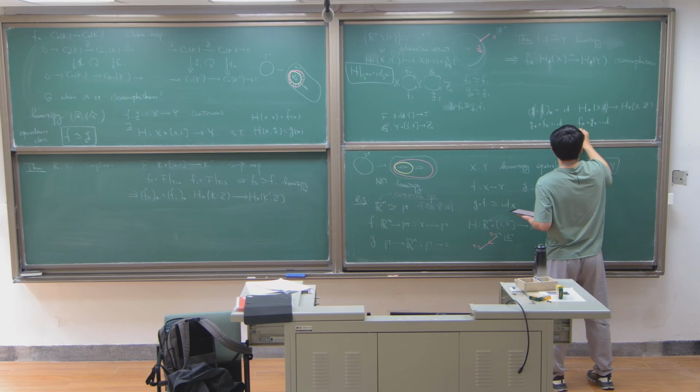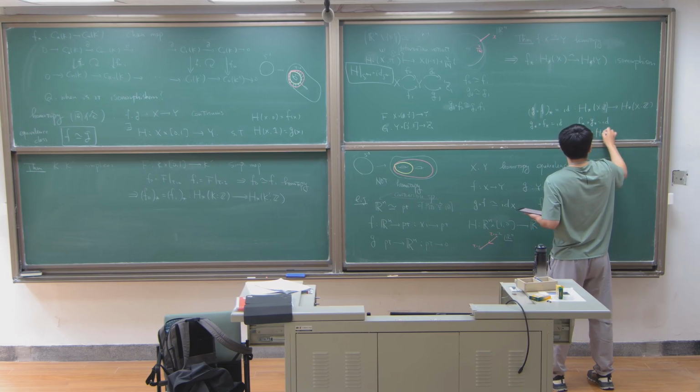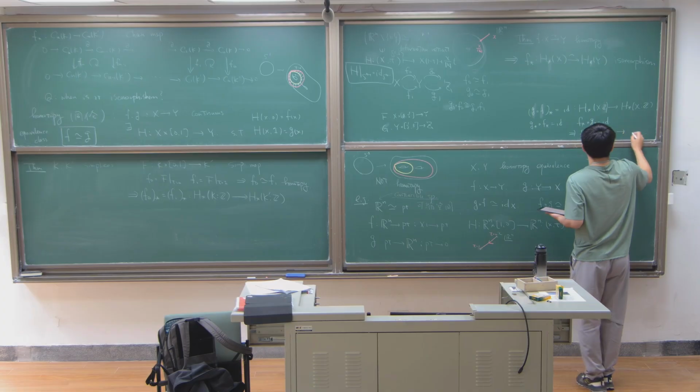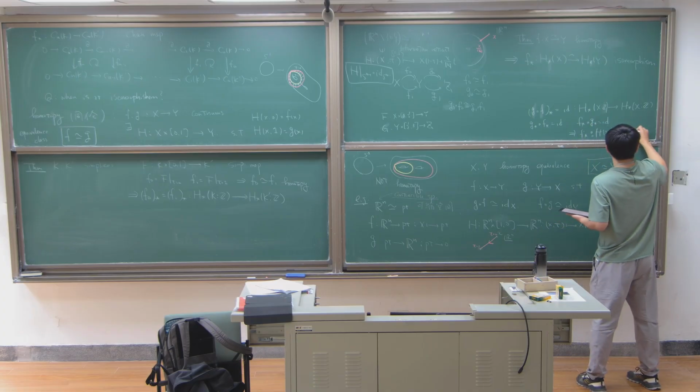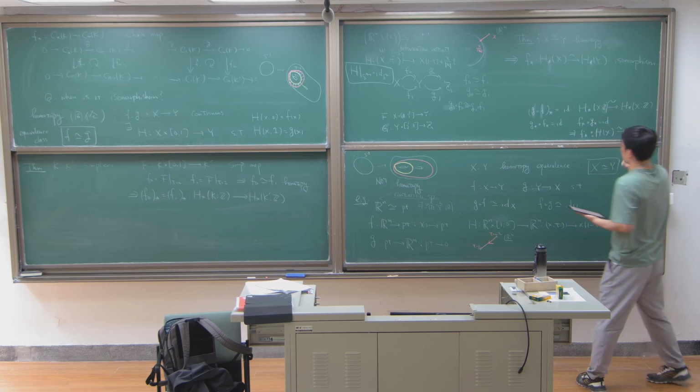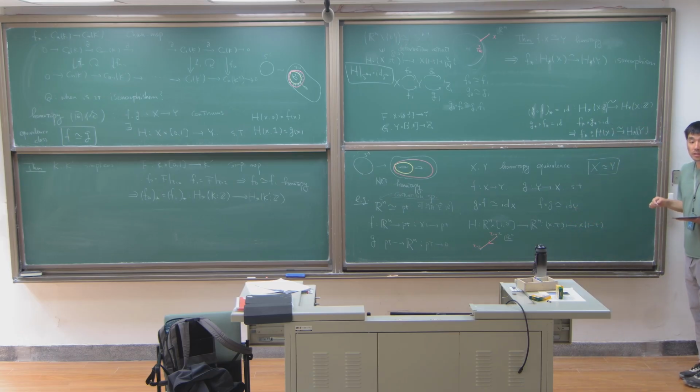Okay, so this means that f star, mapping H of X to H star of Y, is an isomorphism. So that's what it means. Is it okay? Do you agree with me?